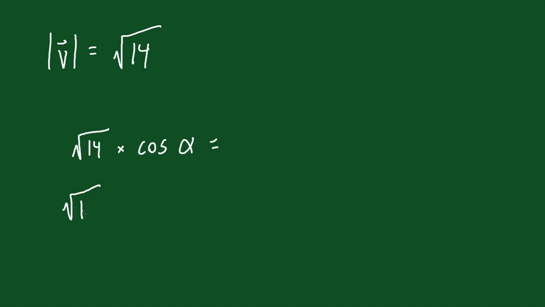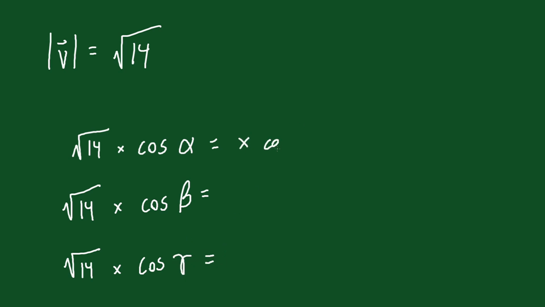You take the magnitude and multiply it by cos of the angle made between the vector and the y direction, and you take the magnitude of the vector and multiply by cos of the angle made between the vector and the z direction. So this will give you the x component, the y component, and the z component, right? Now we know the x, y, and z components already, right?